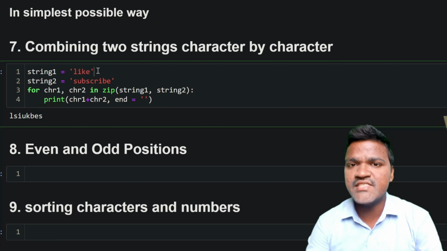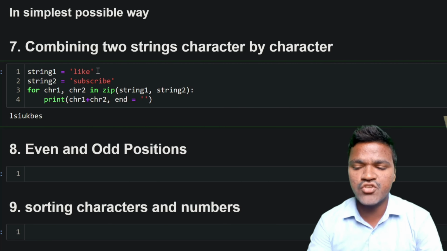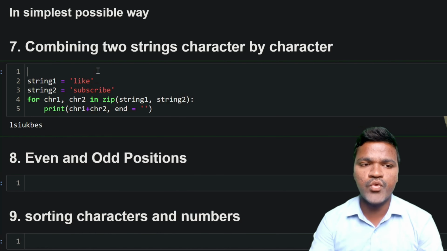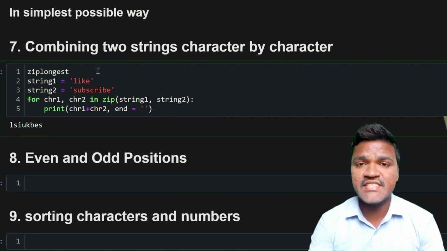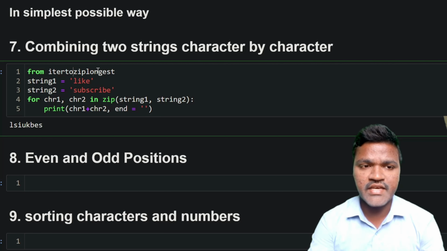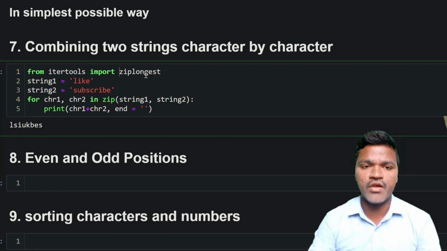So in order to consider all the characters, what we need to do is import a method which is zip_longest. This zip_longest is present inside of a module which is itertools. So from itertools, we need to import zip_longest.